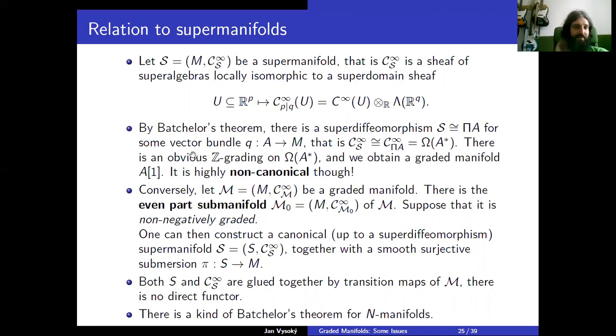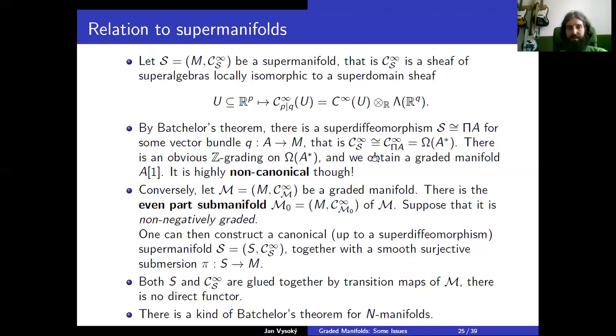And there is the famous Batchelor's theorem saying that every supermanifold is in fact super diffeomorphic to a parity reversed vector bundle, which means that I take an ordinary vector bundle and this sheaf of superalgebras is in fact exactly the sections of the exterior algebra of A*.